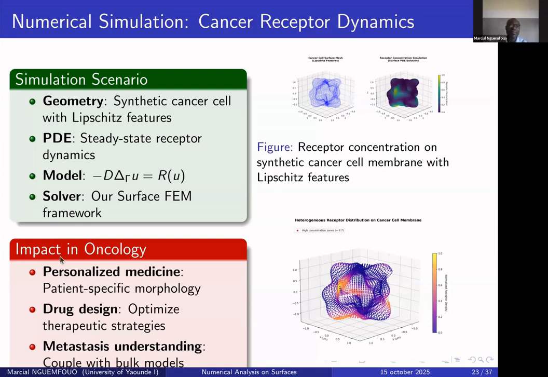The impact on oncology is that personalized medicine is possible. The drug design, optimal therapeutic strategy, and the metastasis understanding can be studied via the coupling with Bowles model.